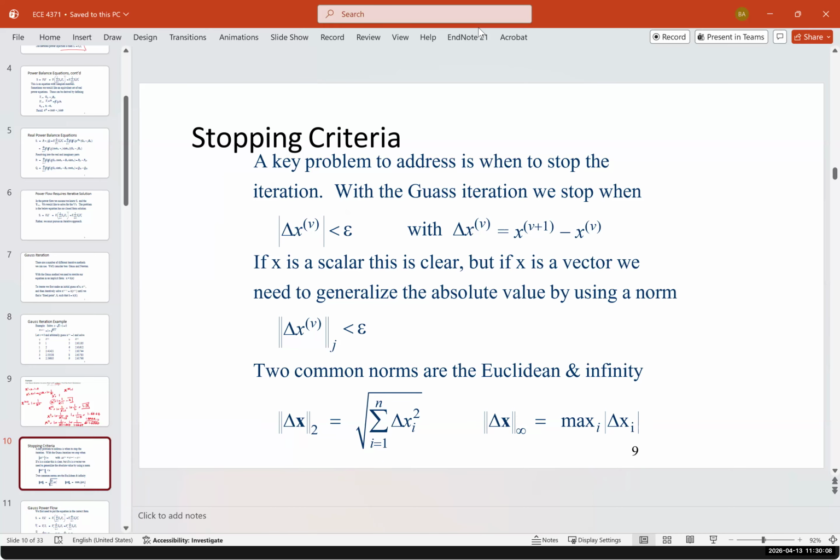Now, there is a key problem here that we need to address, which is when to stop the iteration. Do we need to stop at 4 iterations, 5, 6, 10, 20? When the problem gets very complicated, we need to have a threshold, or a boundary, on when to actually stop the iteration.